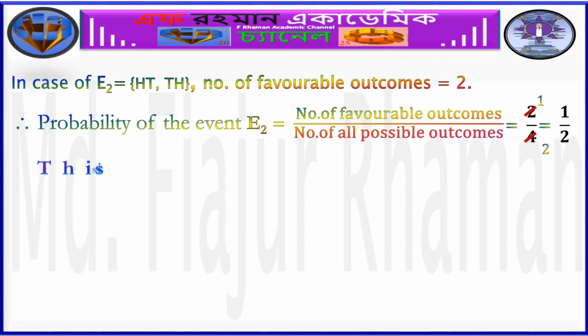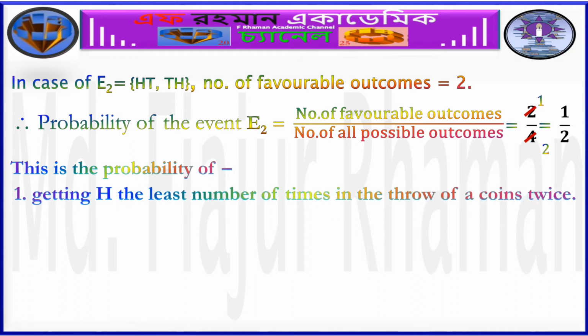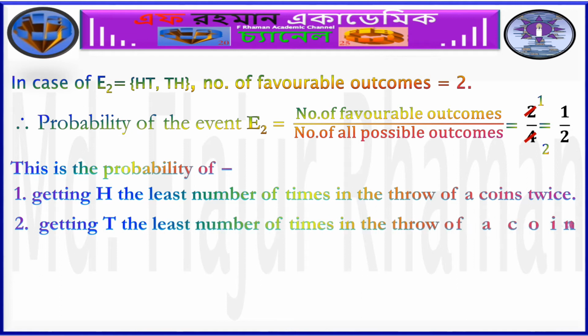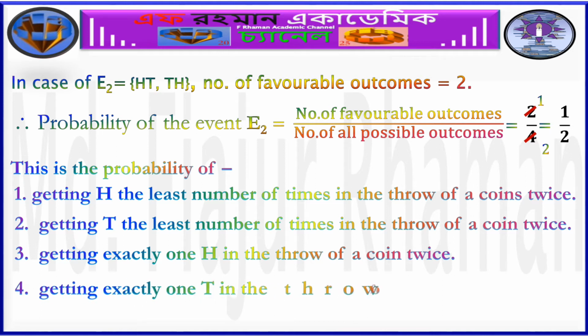That's why this is the probability of 1, getting H the least number of times in the throw of a coin twice, 2, getting T the least number of times in the throw of a coin twice, 3, getting exactly 1 H in the throw of a coin twice, 4, getting exactly 1 T in the throw of a coin twice.